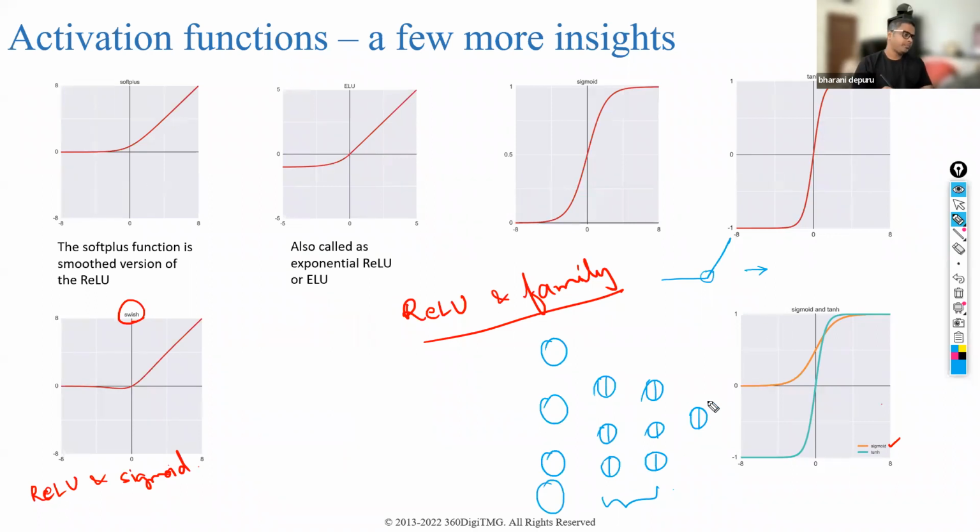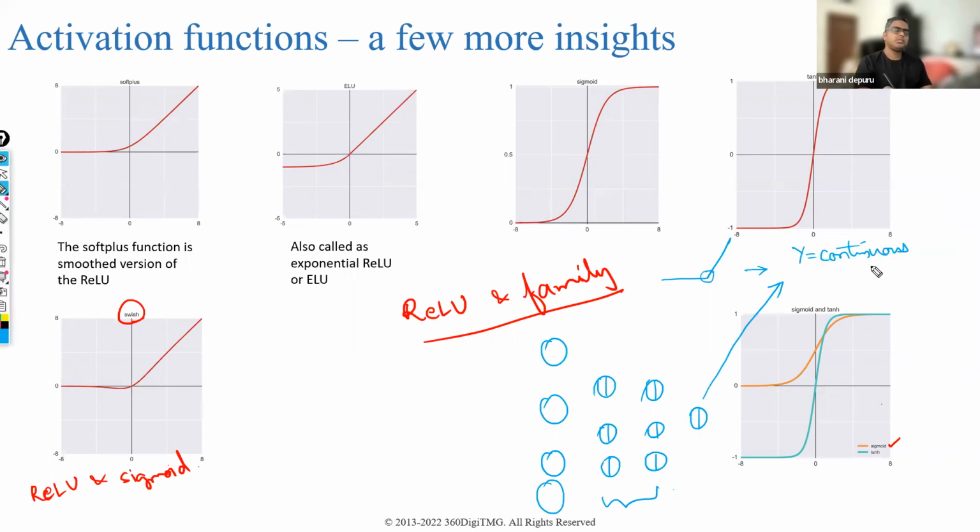And also in the output layer, if the output variable is continuous in the business problem, say you're trying to predict salaries of people, which is a continuous output variable, we prefer linear activation function, which is also called as identity function.